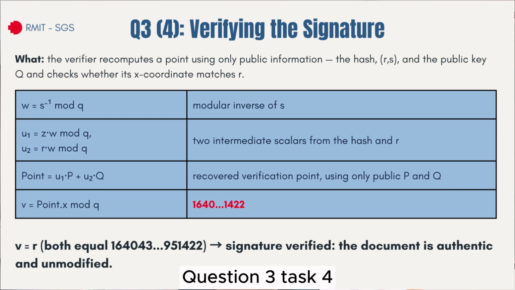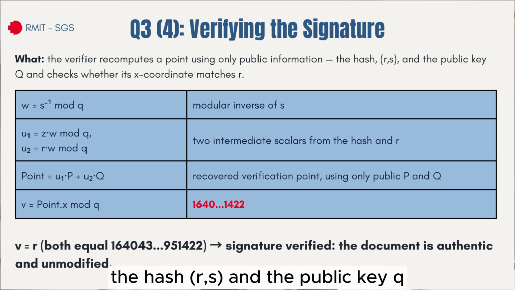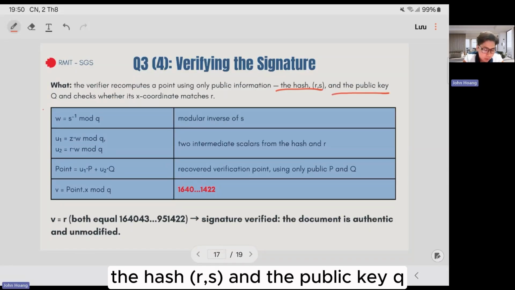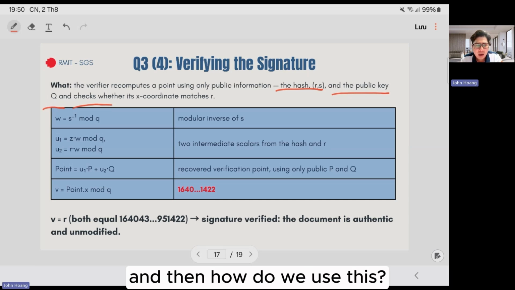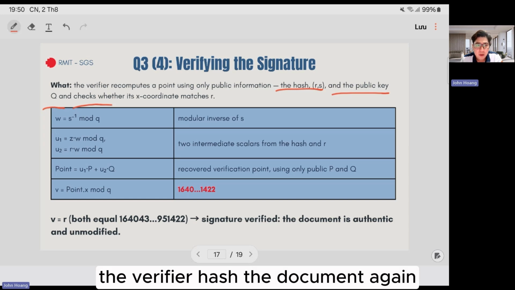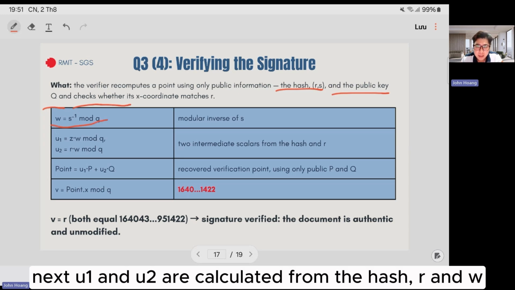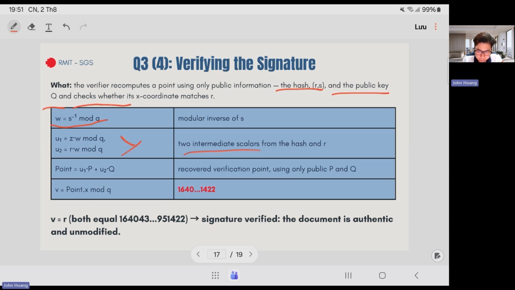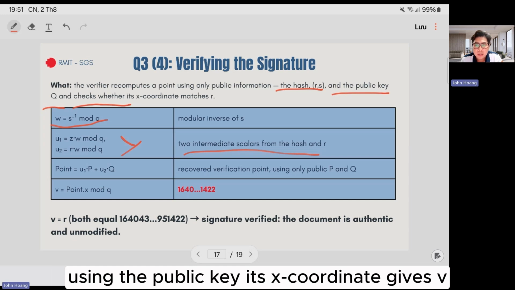Question 3, task 4. What we need to do in these steps is that the verifier recomputes a point using only public information: the hash, R, S, and public key Q, and checks whether its X coordinate matches R. How do we do this? The verifier hashes the document again and calculates W as the inverse of S. Next, U1 and U2 are calculated from the hash, R, and W. These values produce a new elliptic curve point using the public key.